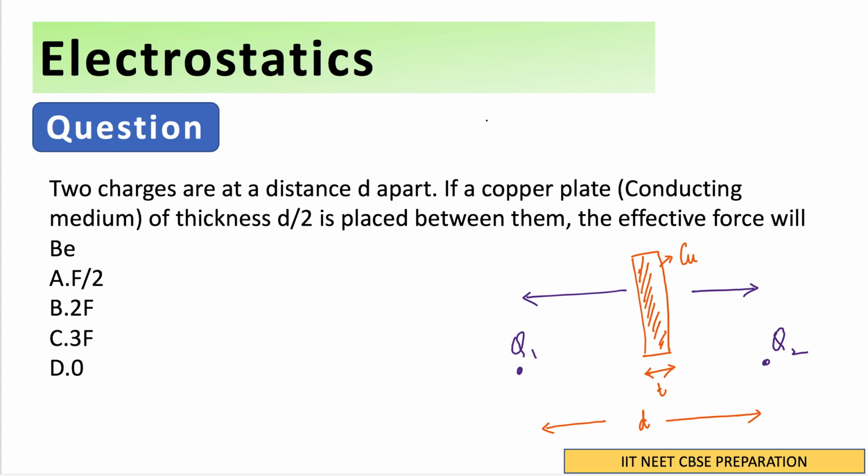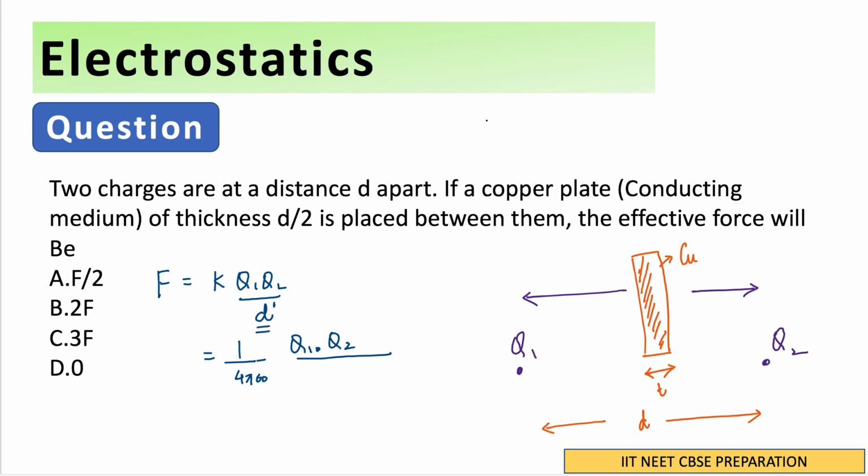So let's quickly write it down, and then let's try to figure out what will be the force. First, write down the normal force. Normal force is k q1 q2 over d square. So instead of d, let's say this is d dash. And what is d dash? k is 1 upon 4 pi epsilon naught, and then we have q1 into q2, and we have d dash.